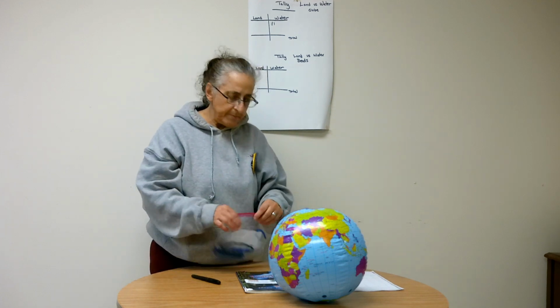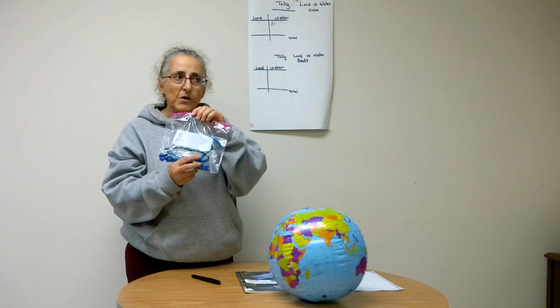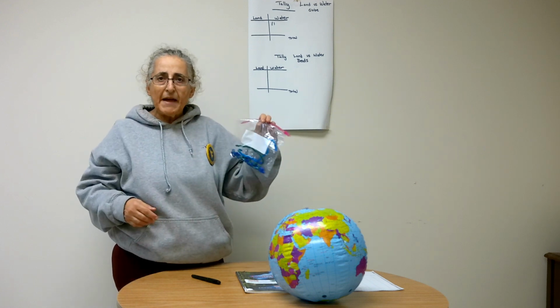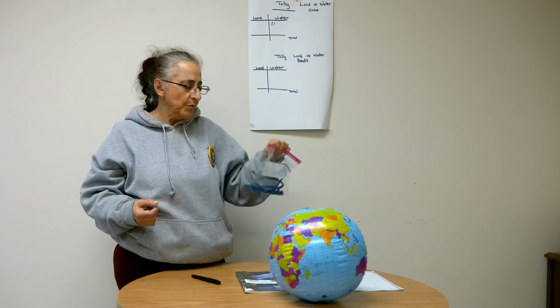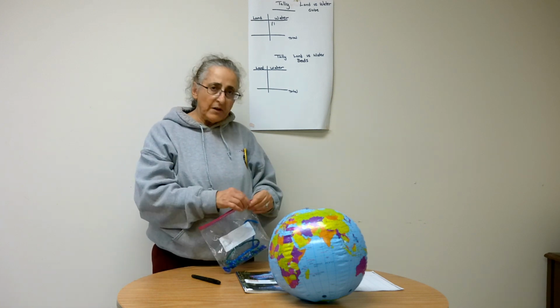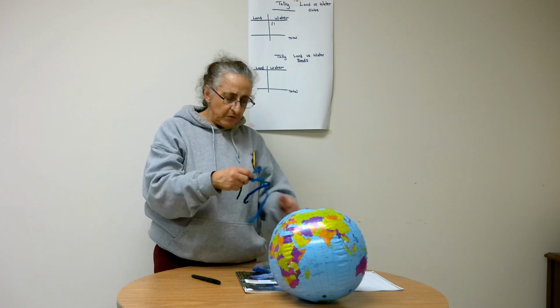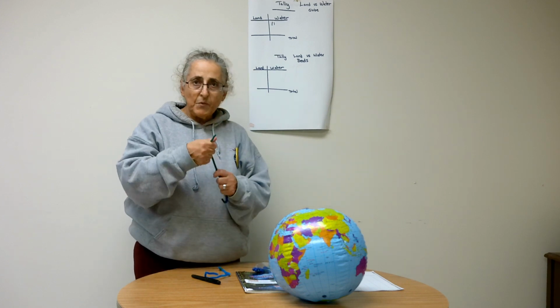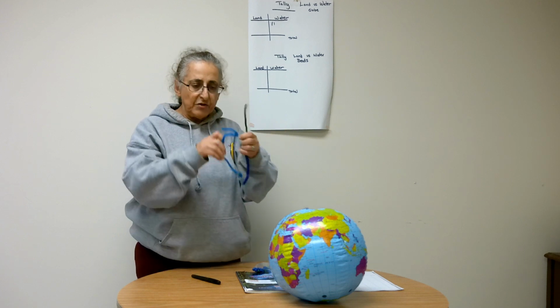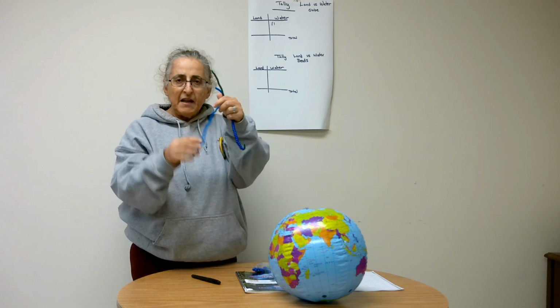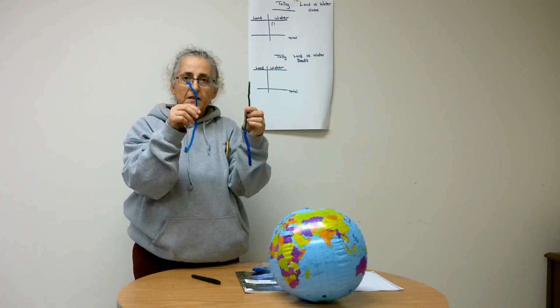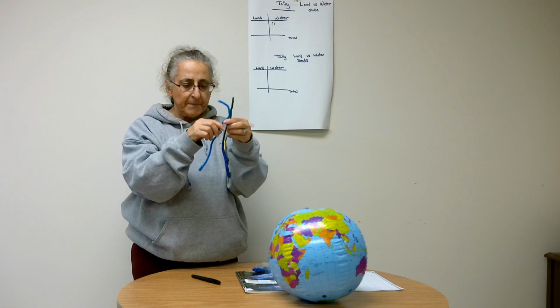Okay? So another game that you can do is beads. Take 29 green beads and 71 blue beads and put them in a small bag where the students can't see through. And have the students pull out a bead, one each, and then have another student in the classroom take the water beads, which are blue, and the land beads, which are green, and put them onto the pipe cleaners.